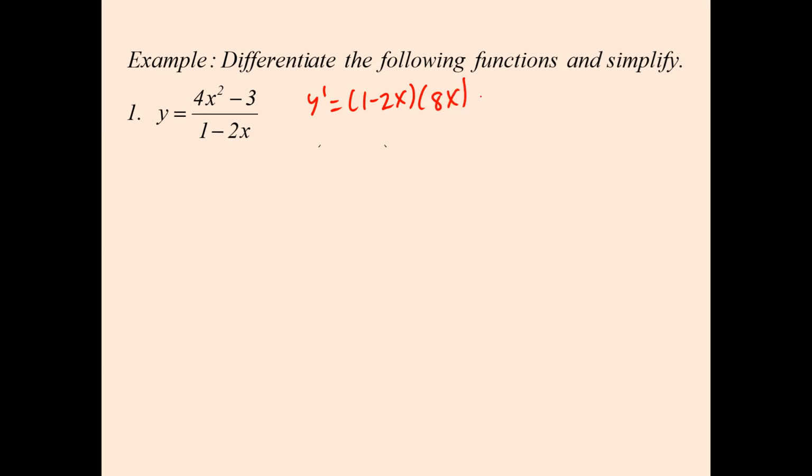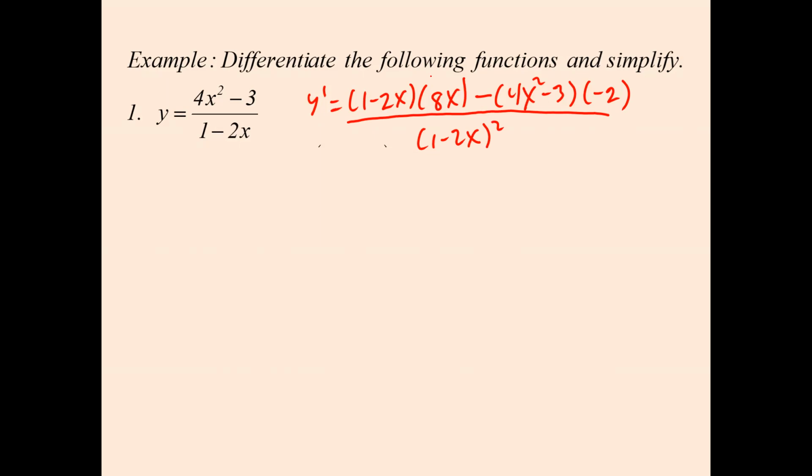So, low di high, minus high di low, kasi minus palagi yung formula natin. Minus high, we have 4x squared minus 3 times the low. What do you think is the derivative of denominator? Negative 2. Okay, over low, low. So 1 minus 2x squared.